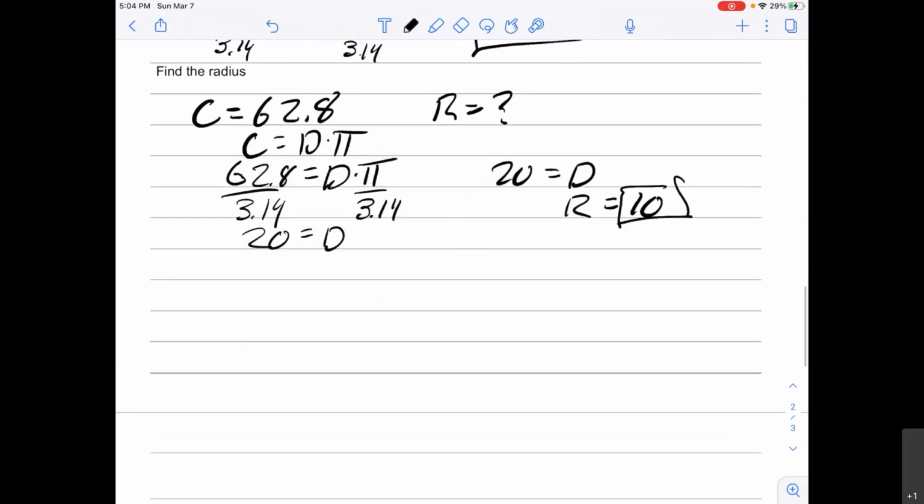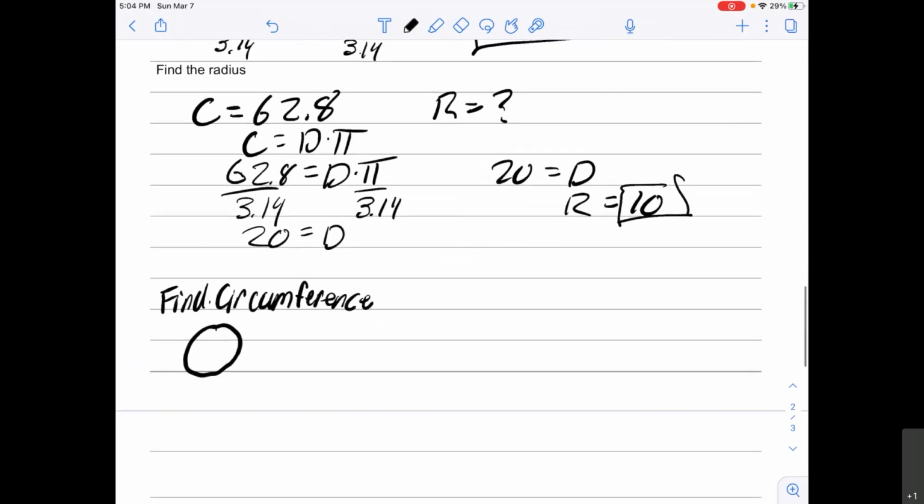And then the last problem we're going to do, we're going to find the circumference again. And this time we're going to start with the radius. So let's say we were given a radius of 9 centimeters. Well, we know that the circumference equals the diameter times pi.